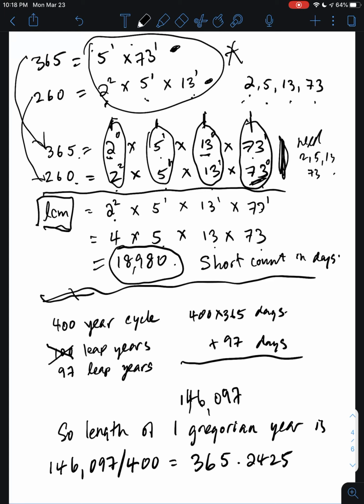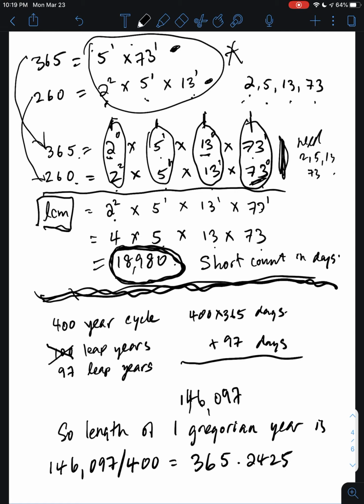Now, last problem here is a little bit of an aside. It's not really part of the main topic here, but it's interesting nonetheless. What I want to know is how many years in our years this is. 18,980 days is how many of our years.